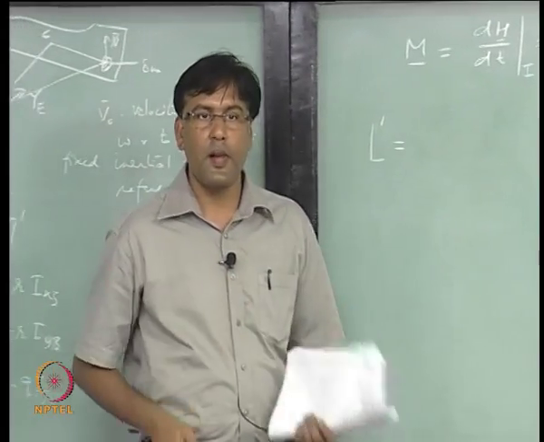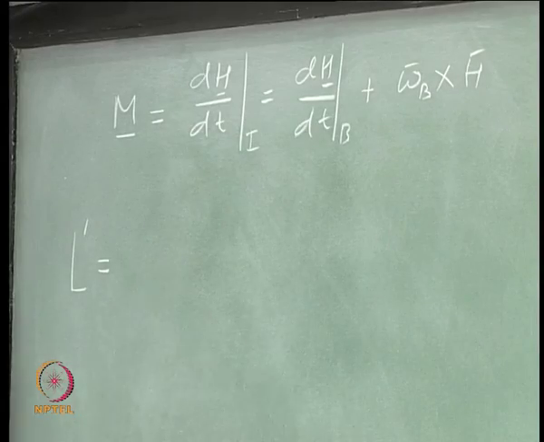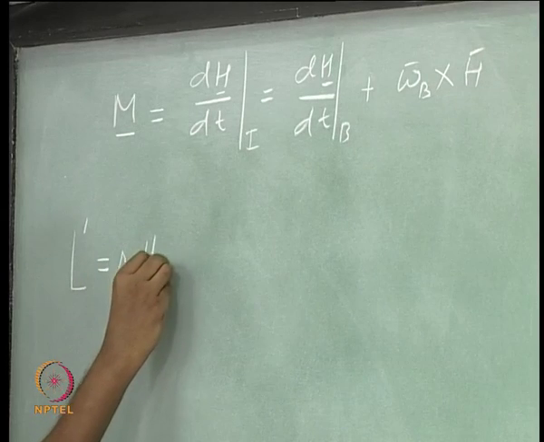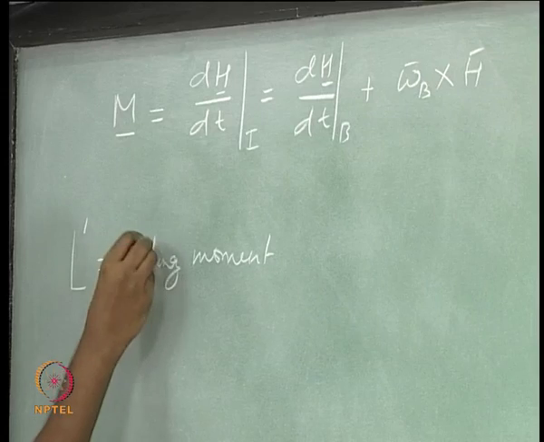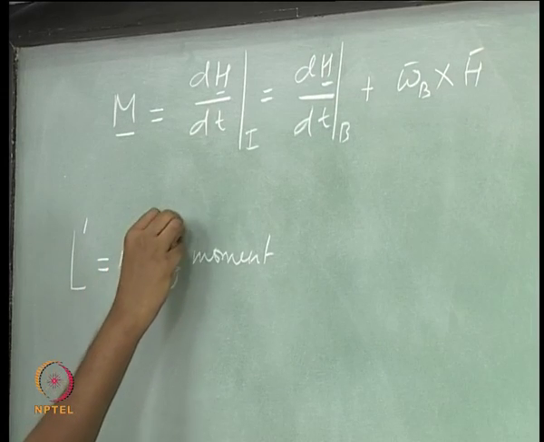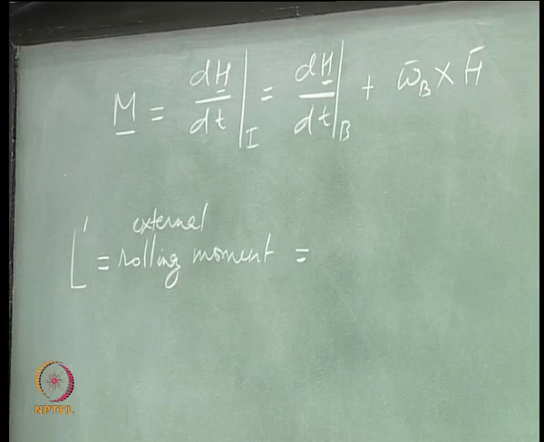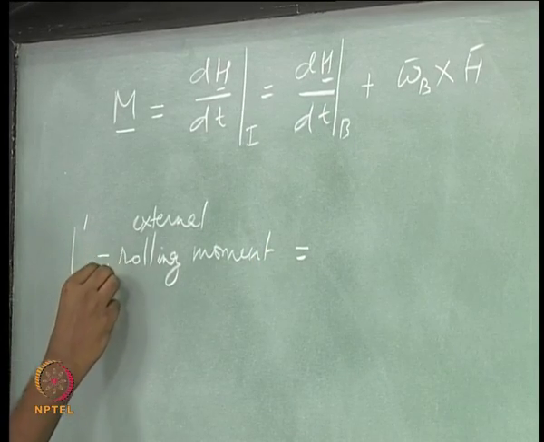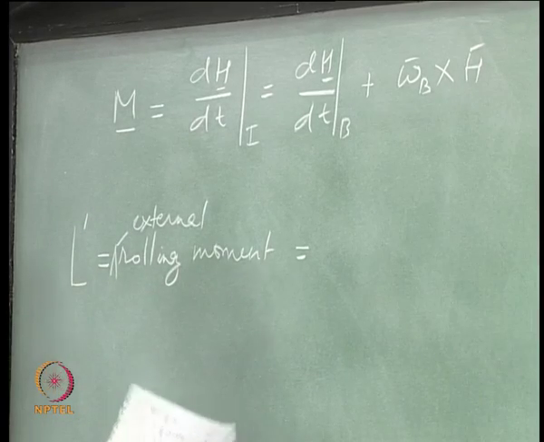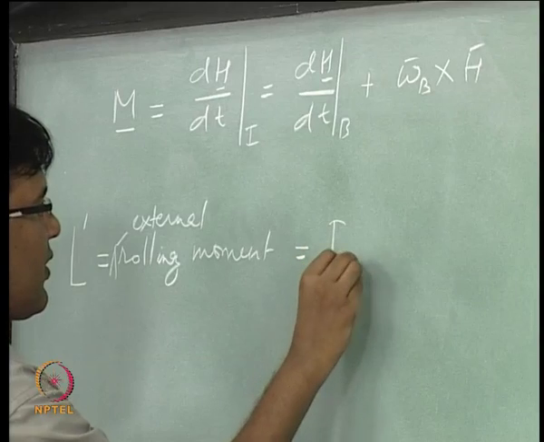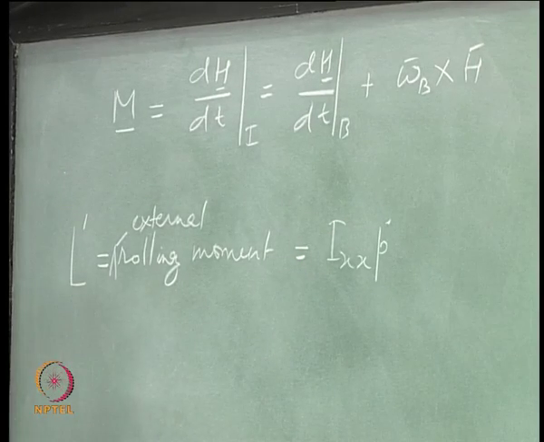So the sum of all external rolling moments equals this.